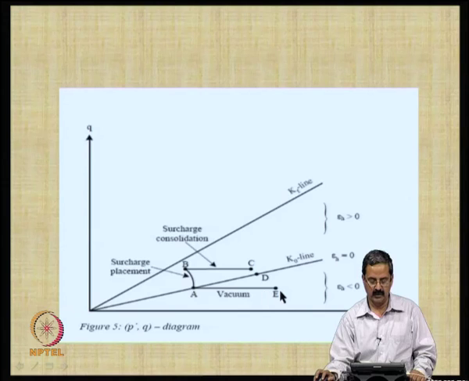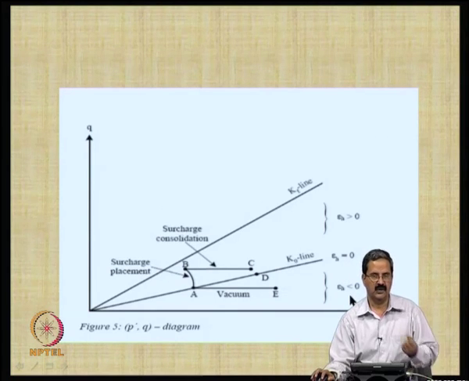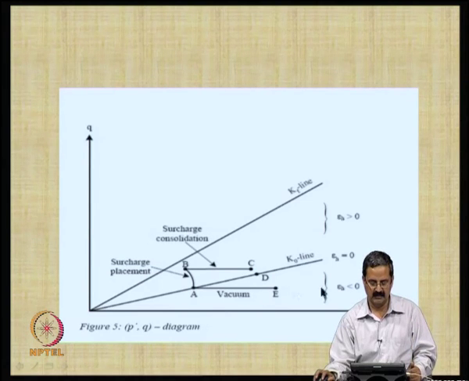And here what is happening? You have created a vacuum, which means that you have increased the effective stress. So, P has increased to a particular point and still it is not strained, there is no strain there. We always say that a compacted sample will have less compressibility compared to a saturated soil, as simple as that.